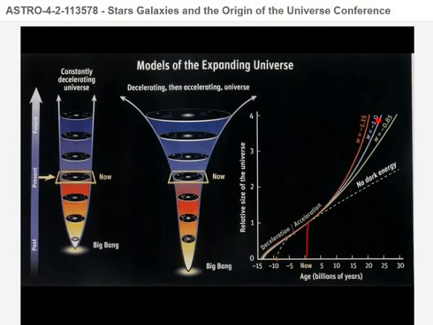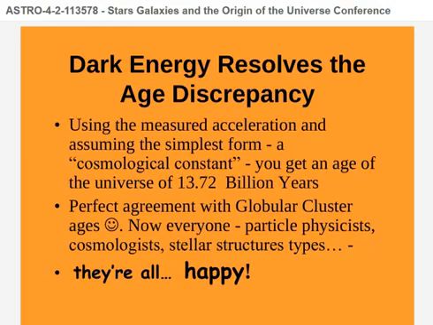Well, when we throw in the dark energy with a W of minus 1.0, which is what the observations say, that's just exactly what we want. It takes us right back perfectly to 13.72 billion years, nicely fitting with the globular cluster ages. So it resolves the age discrepancy, and now everybody's happy.